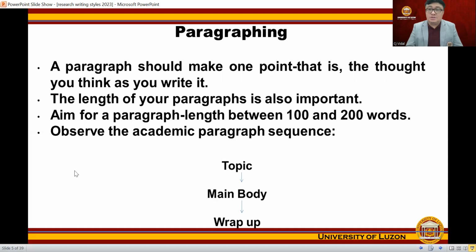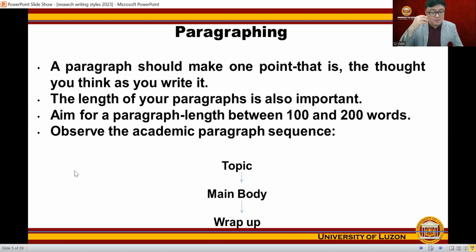So in general, the rule is a paragraph should make one point. That is consistency. Recalling our elements of good writing, we have unity, coherence, and emphasis. So that is the thought you think as you write.